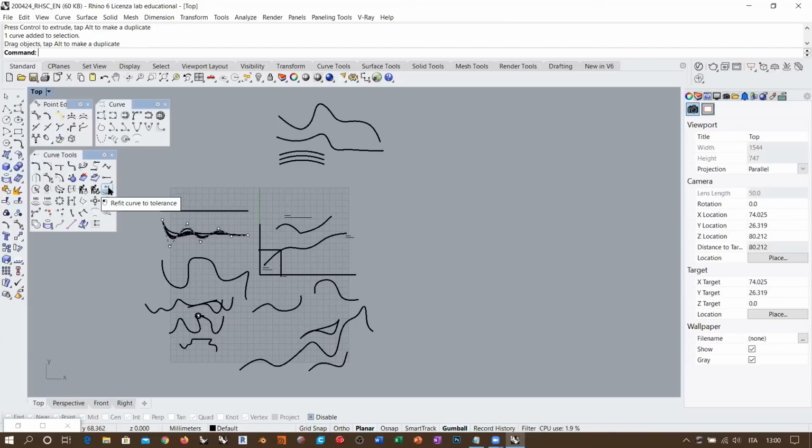And fit, we will discuss inside other commands, because like the degree, it is something that you might want to tweak, but in a controlled environment, okay? So we will discuss fitting of a curve or a geometry in general inside a controlled environment, where we can keep under control the effect of fitting the geometries, okay?